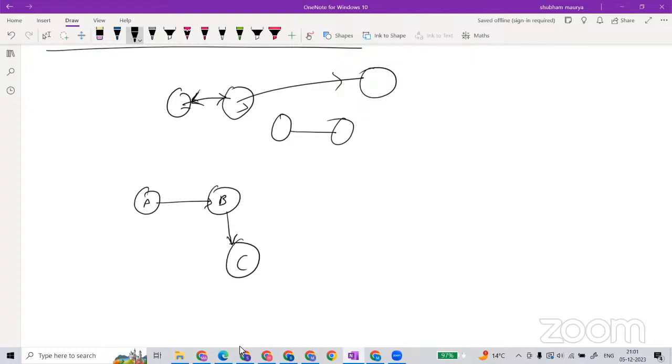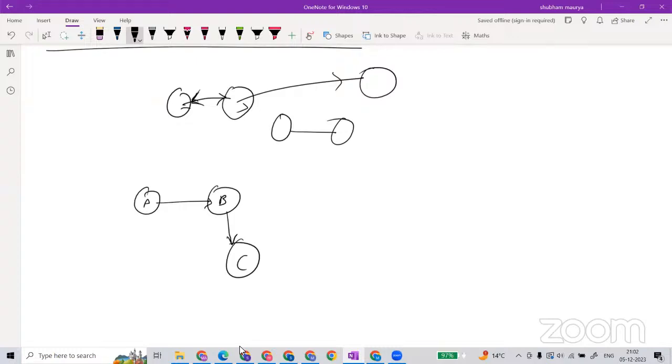But here from C you cannot reach A, though from A you can reach C. So how can you define a proper definition of connectedness? No, right? So in that situation, we only talk about undirected graphs. It depends on how the definition is defined, and generally connectedness is related to undirected graphs.